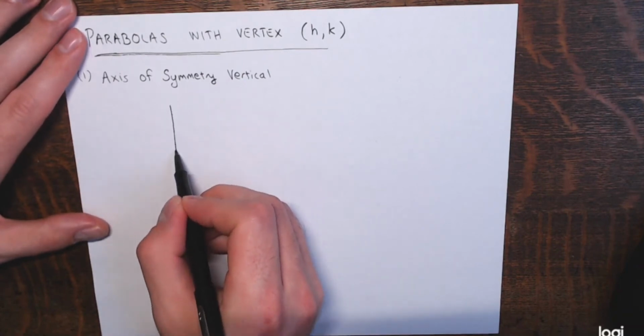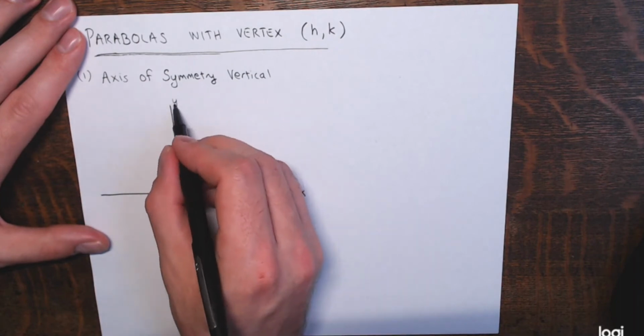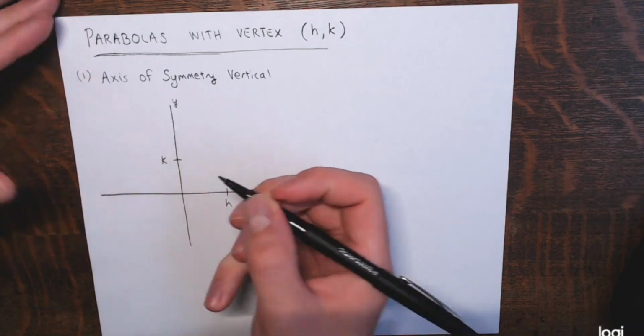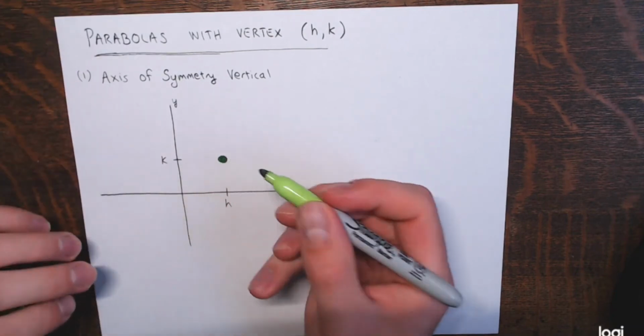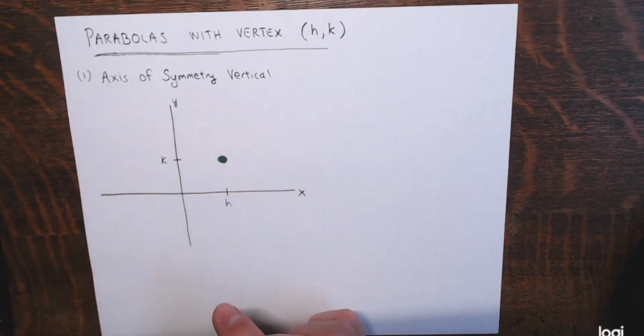So in that case, here's the xy plane, the vertex is at some point h comma k, like this. And then I'm just going to put the one opening up. Just know that they can open down as well.